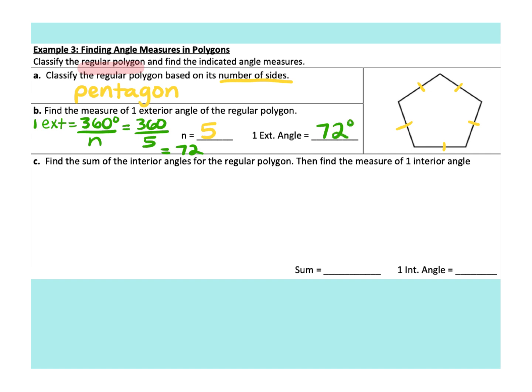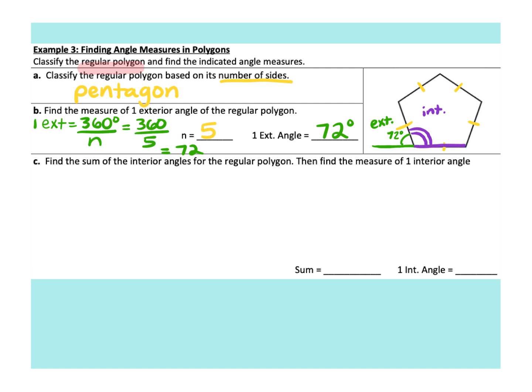Now, the exterior angles are going to be angles outside the polygon, and they're formed by extending a side and making like a linear pair. So that's saying that this angle right here is 72 degrees. That is an exterior angle. The next question is going to ask us to find the interior angle. So the interior angle I'm marking in purple. Notice that the interior and the exterior are really just together, forming a straight line.